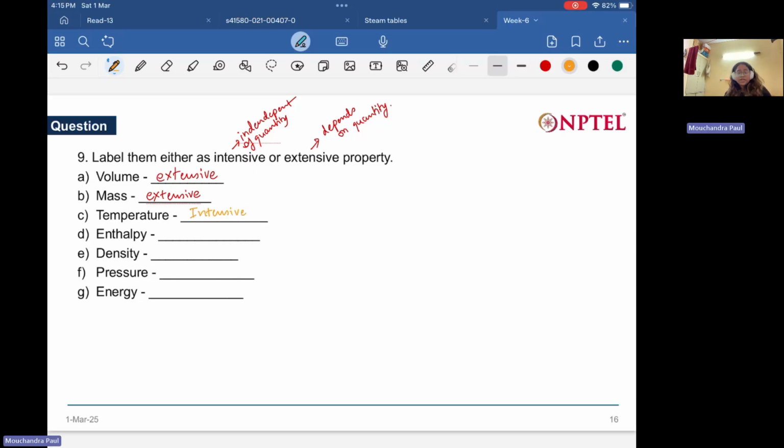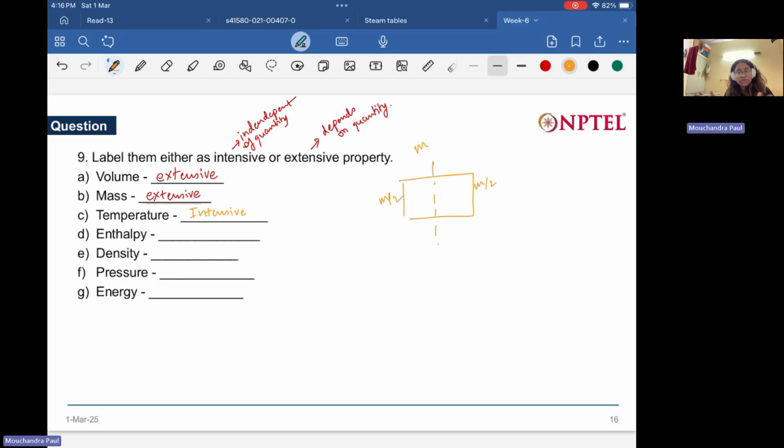You can also understand intensive and extensive properties by dividing a system in two. This is your entire system, and initially the mass was m. If you divide the system, each half will have m by 2 mass.